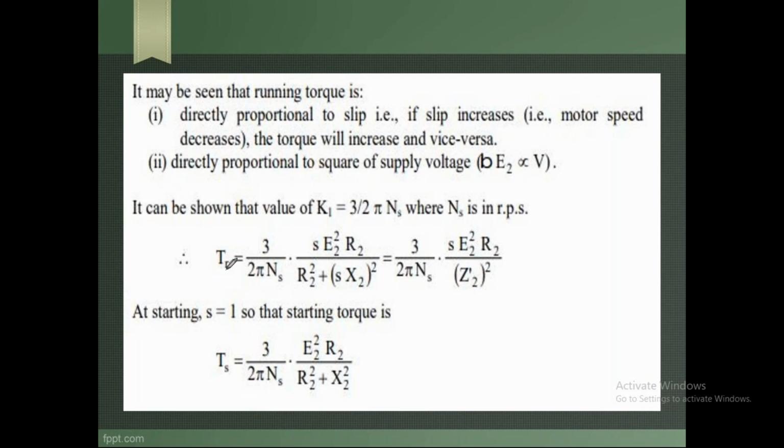So here also we can substitute TR equals 3 divided by 2 pi ns times S E2 square R2 divided by R2 square plus (SX2) whole square. At starting condition, with S equal to 1, you will get this equation. So this is the torque equation at starting condition, and that is the torque equation at running condition. Remember these two equations, very important. Now we are going to find the maximum torque condition.